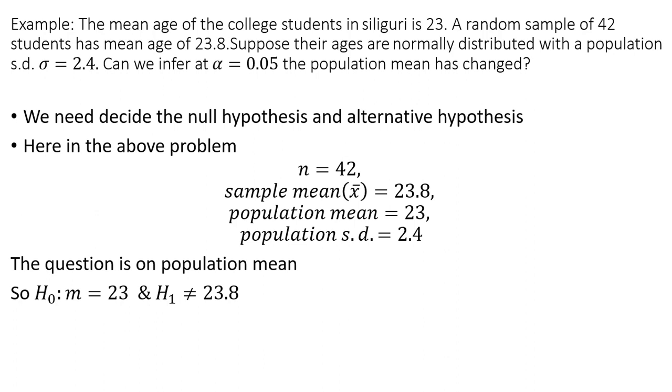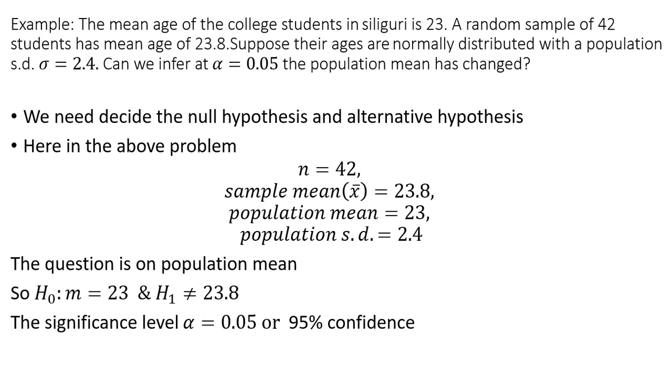Our main concern will be the population mean. Is it going to change or not? So H0: m equal to 23. H1 will be m not equal to 23. Though it is mistaken, so H0 will be m equal to 23, H1 will be m not equal to 23.8, that will be your alternative hypothesis H1.